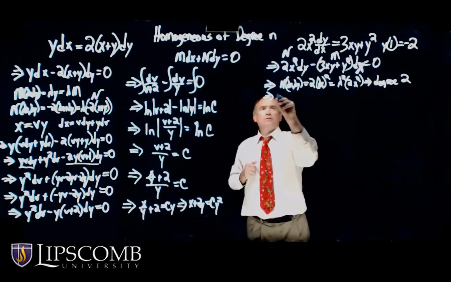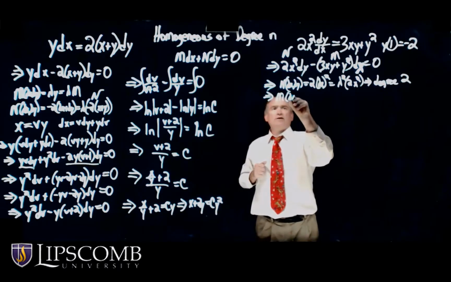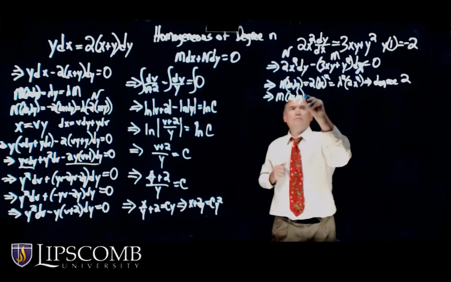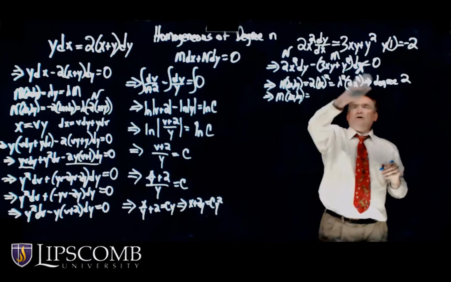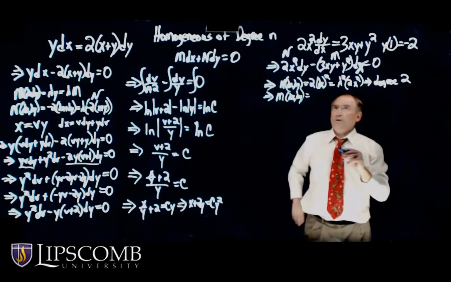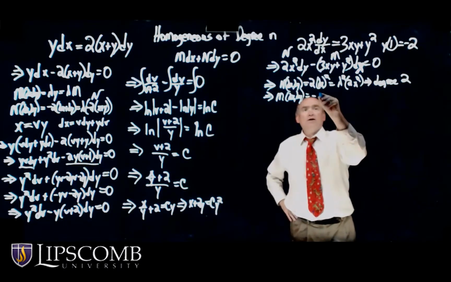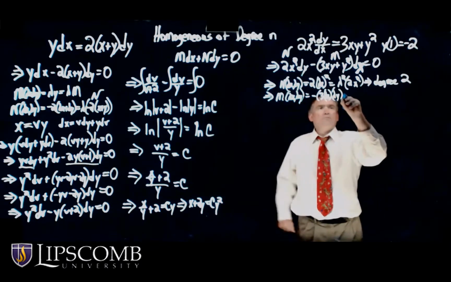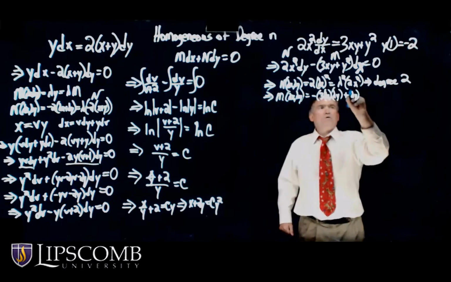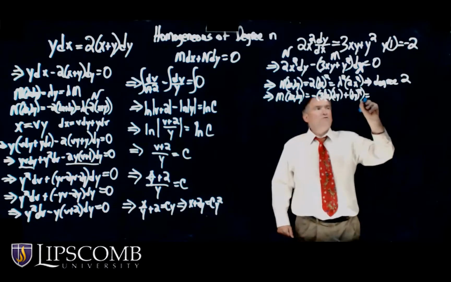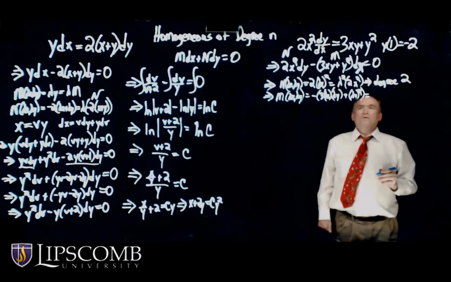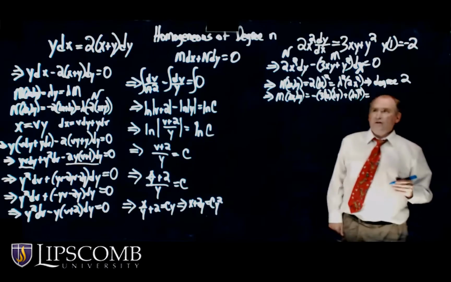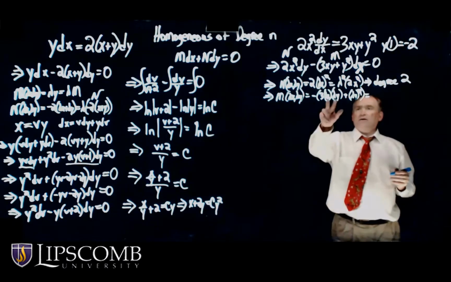M of lambda x, lambda y, what would that be? Plug in. Now there's a negative there, so don't forget about the negative. So this would be negative (3 times lambda x times lambda y plus (lambda y) squared). So what do you get there? What do I notice I can factor out? Well, I've got a lambda times a lambda, which is a lambda squared there.